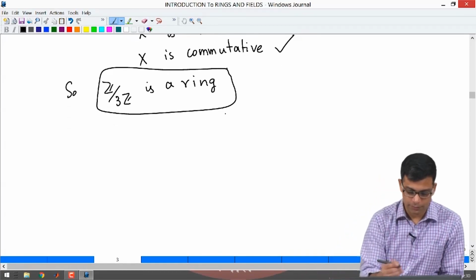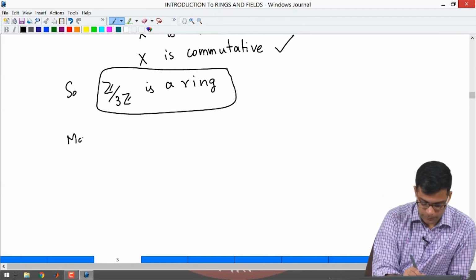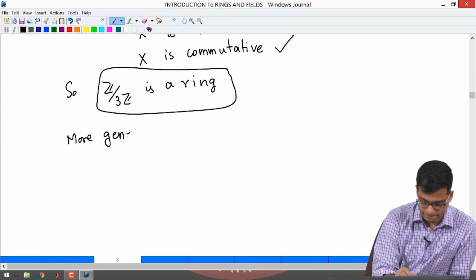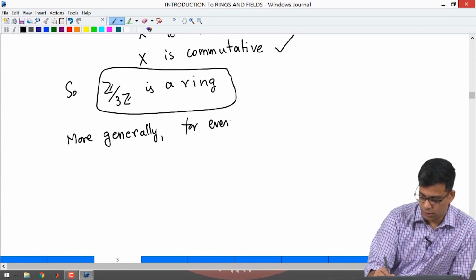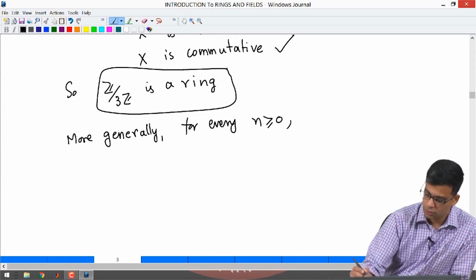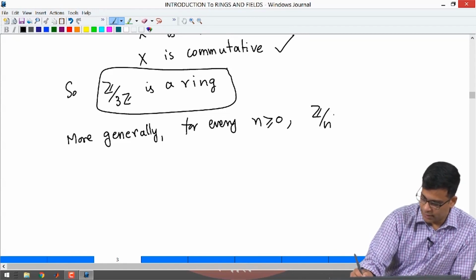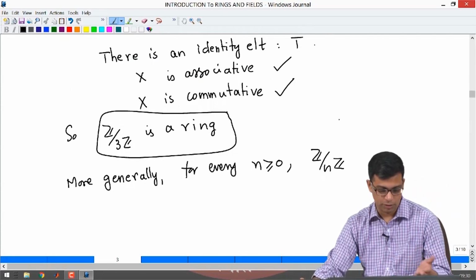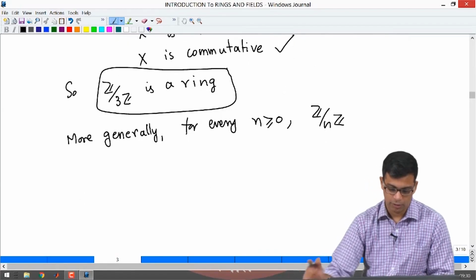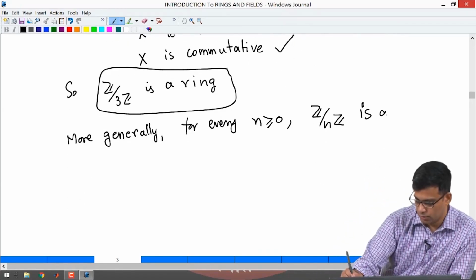So, more generally, for every non-negative integer n, there is absolutely no difference, it is exactly the same calculation. If you replace 3 by n, you get that Z mod n Z is a ring.